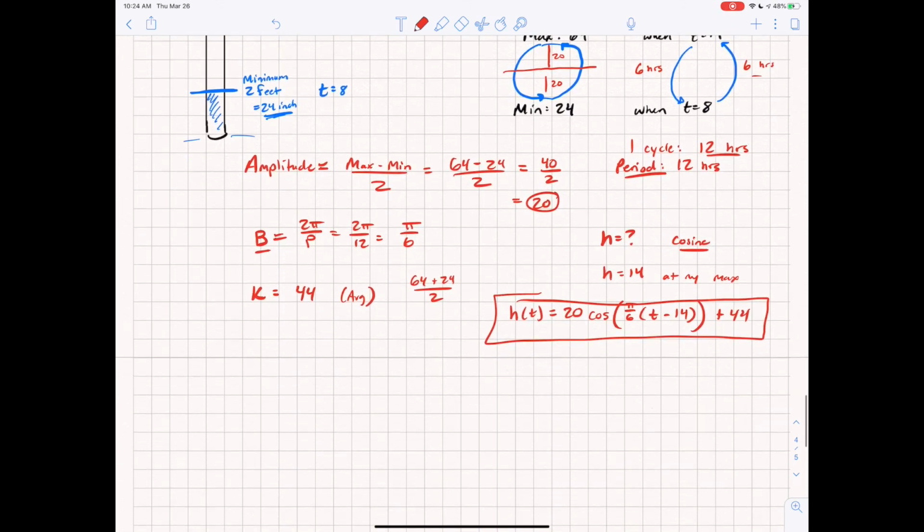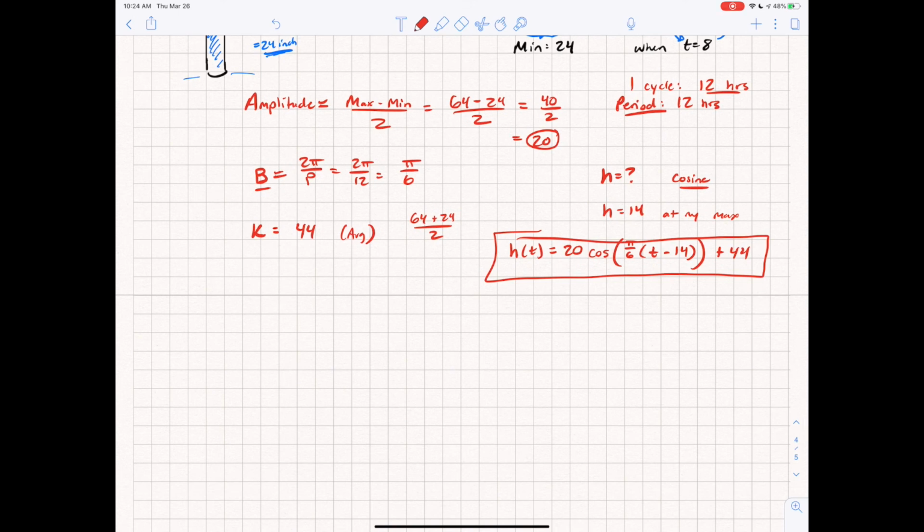In other words, for B, I want to know what is H. I'll say what is H of t when t is 11:30. This would be 11.5. In other words, what is H of 11.5?